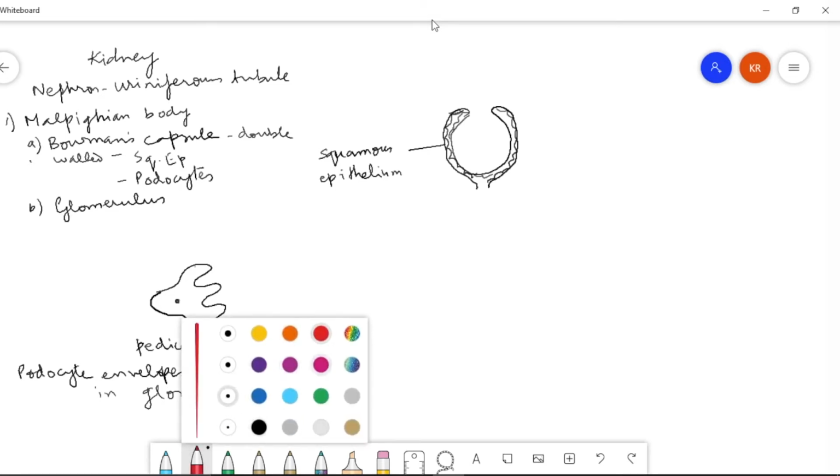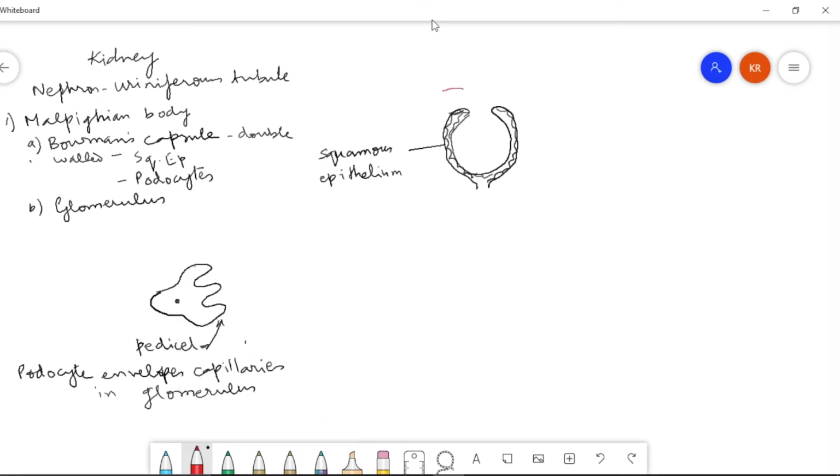So let us just see how the capillaries of the glomerulus will look. What we said yesterday was that a branch of the renal afferent arteriole makes its entry over here, and now it capillarizes. That means it splits into several branches like this.